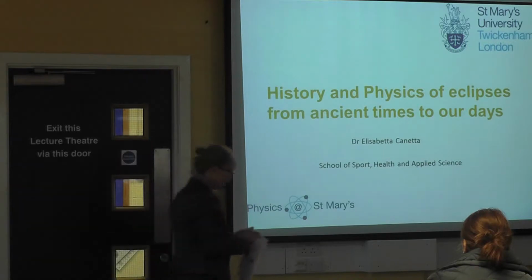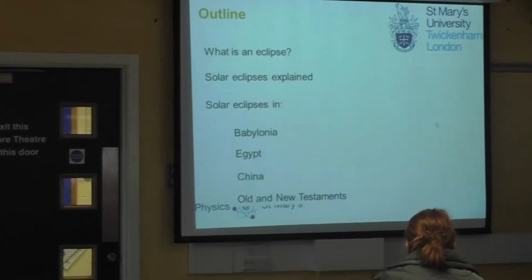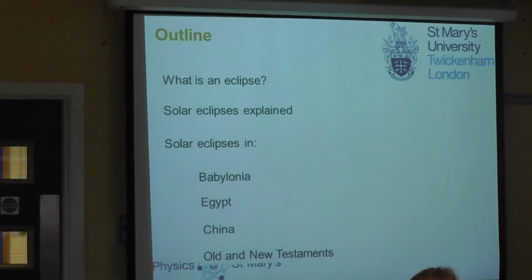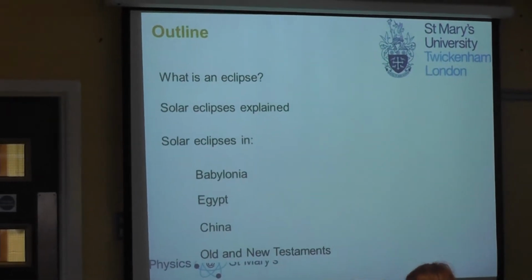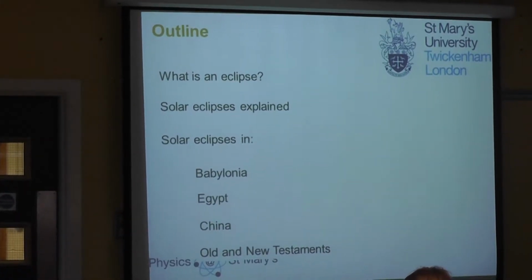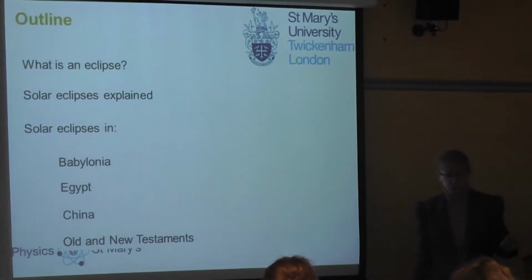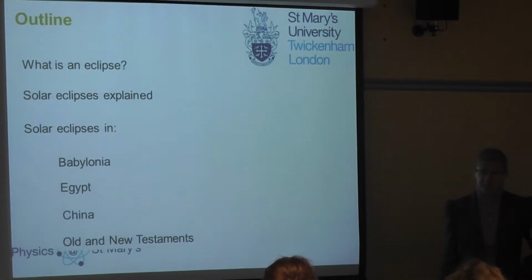So we will look at what an eclipse is, we will explain the eclipses, and then we will look at the history, in particular in Babylonia, Egypt, China, and also the New Testament. Even in Christianity, and in the Bible, which is the holy book of Christians and Catholics, there are a lot of hints of eclipses, and I will show you some of them.